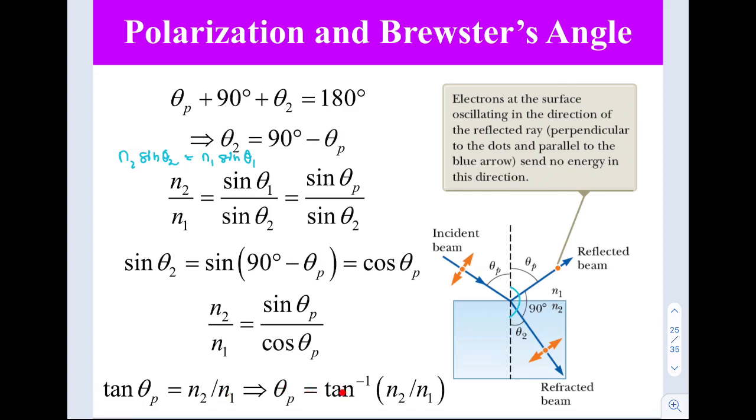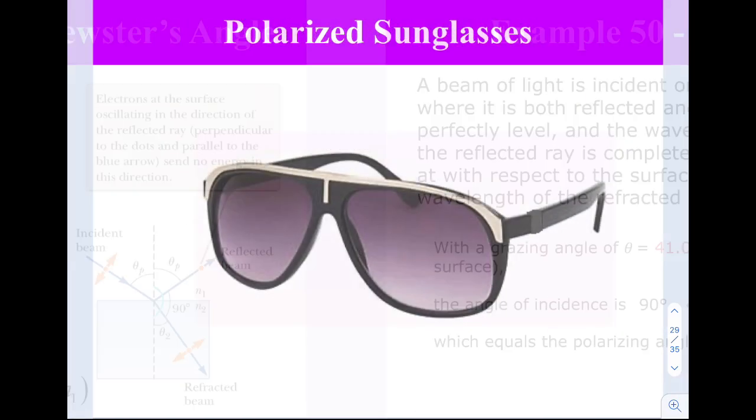Therefore, theta p equals arctangent of N2 over N1. This expression is called Brewster's law, and theta p is sometimes also known as Brewster's angle.